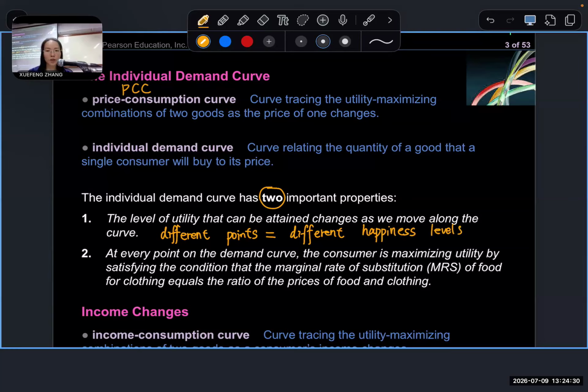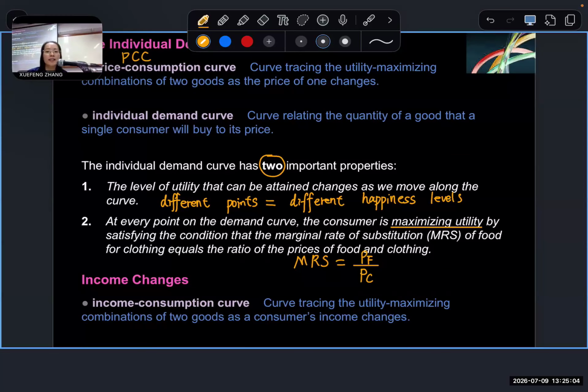The second property: at every point the consumer is still optimizing, which means maximizing utility, which means the MRS equals the price ratio that we learned in the last chapter. So here we have the price of food over the price of clothing.